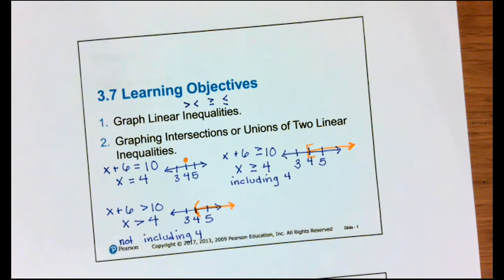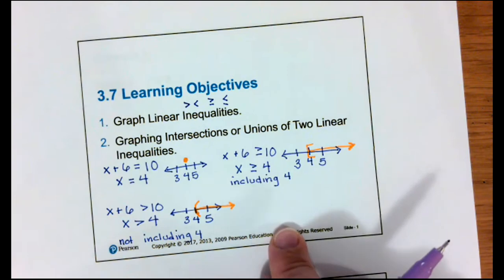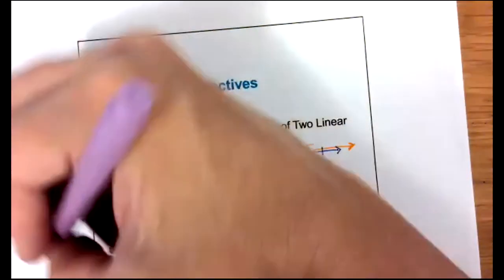Now we can ask ourselves, what about inequalities on the coordinate plane? Because this is on the number line, right? These are inequalities on the number line.